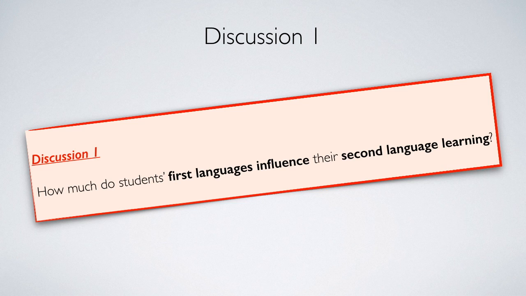For example, as a native speaker of Japanese, I imagine you have some disadvantages and advantages when studying English. Can you think of some? How about the other way? What advantages and disadvantages would native speakers of English have when learning Japanese in comparison to someone whose first language is, for example, Chinese? Think of some ideas and be ready to share them with your classmates.